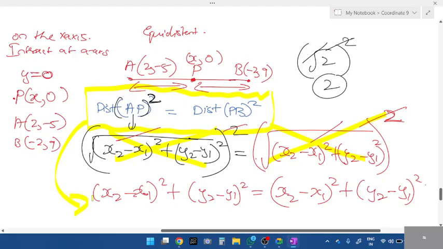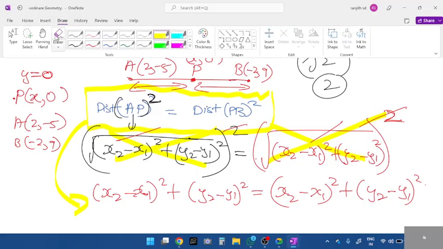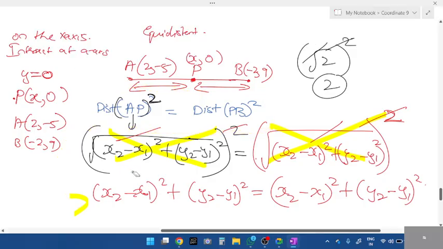The formula is same. Only thing, root and root gets cancelled. Write both. Write these two steps. Next, I'll tell you what to do.